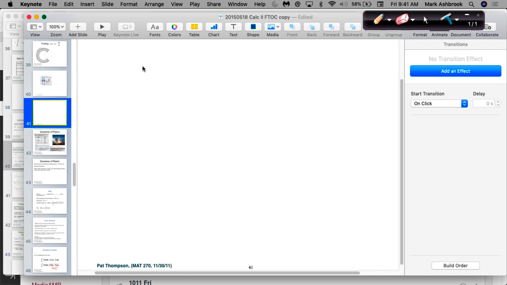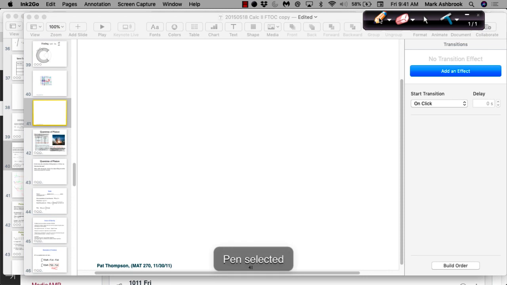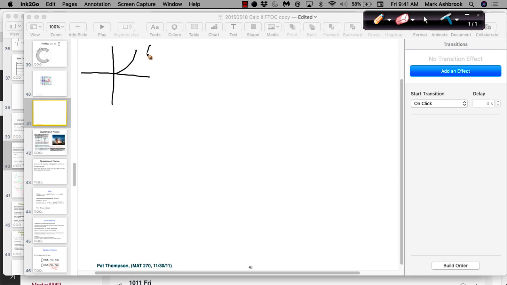Let me just talk about something briefly here to make sure we got it. So suppose, in terms of surface area, I've got just something easy, x squared.